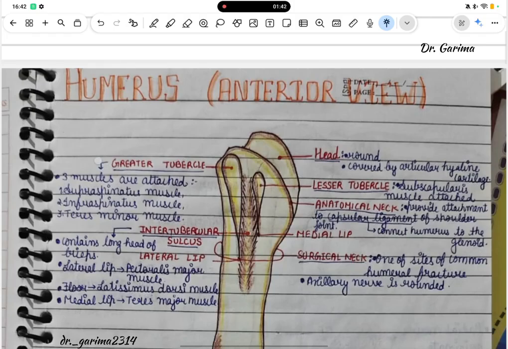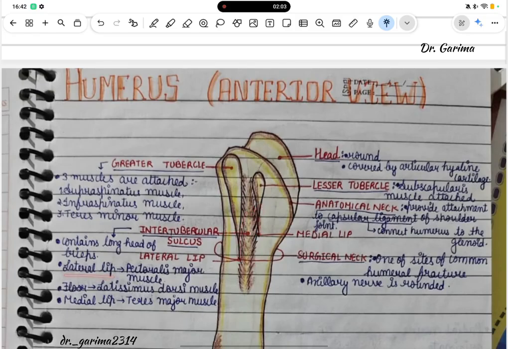In between the greater tubercle and the lesser tubercle, we have the intertubercular sulcus. The intertubercular sulcus contains the long head of the biceps, and this is the lateral lip and this is the medial lip.